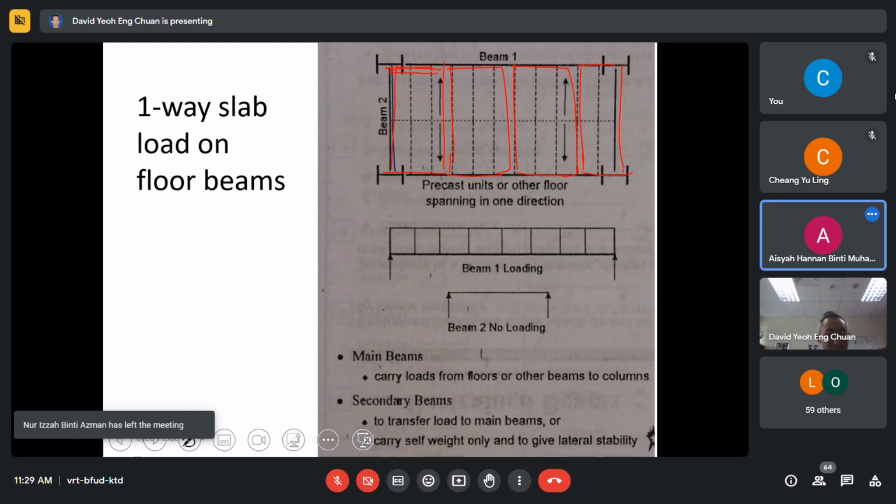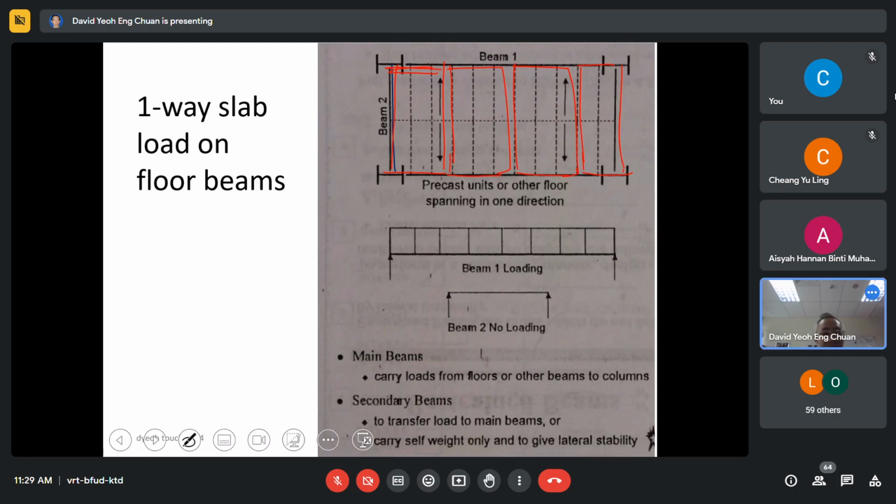Precast. Precast concrete. Yeah, but what is the product name? What's the product name?